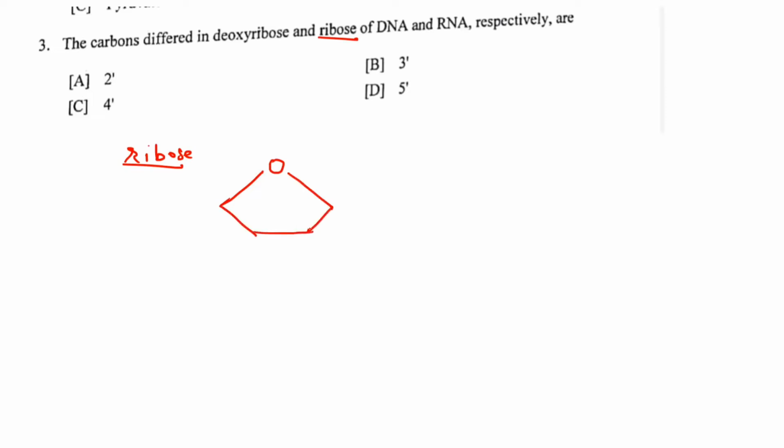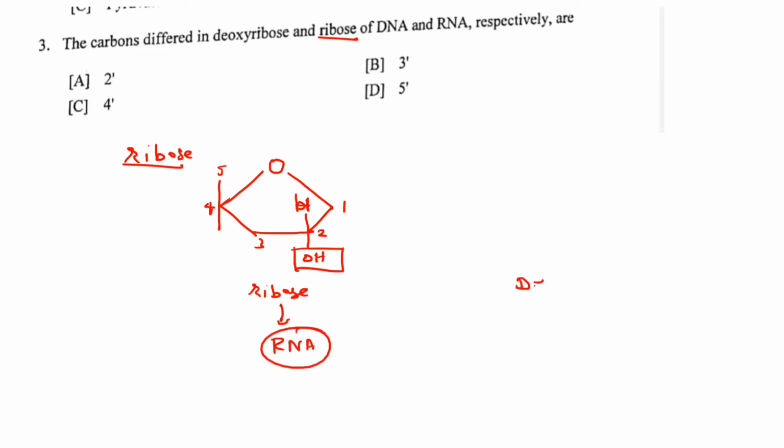Here, first position, second position, third, fourth and fifth position. Now see, here H, here OH. This is called ribose, present in RNA, this sugar unit. What is deoxyribose?